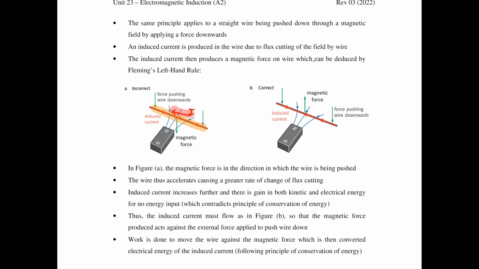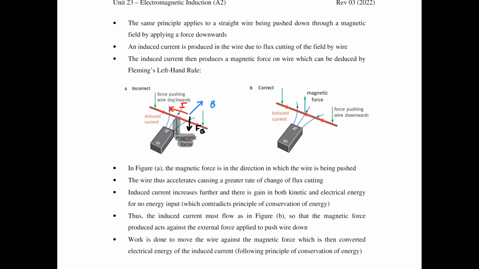So you can use Fleming's left-hand rule to predict that there's a magnetic force acting on this wire here. If your B is in this direction, your current is in this direction, your magnetic force will therefore be downwards, which is indicated right over here.